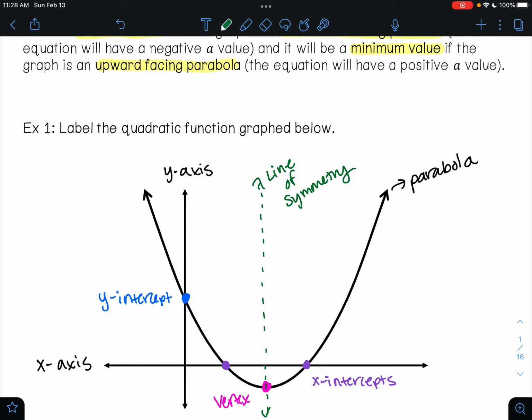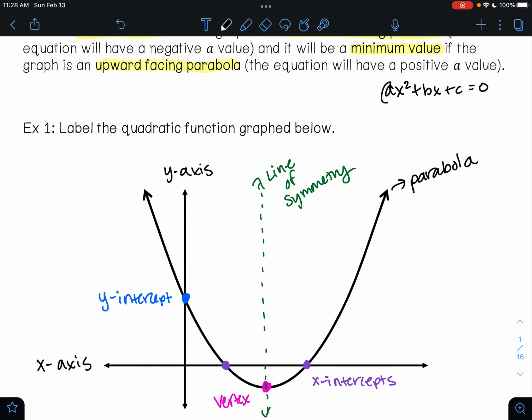So here are some of the characteristics of parabolas. Remember, this shape right here is called a parabola. In this example, our vertex is a minimum value because this is the lowest point of the graph. So if we were looking at this equation, it would have a positive a value. Remember, standard form for quadratic equations was ax squared plus bx plus c equals 0.